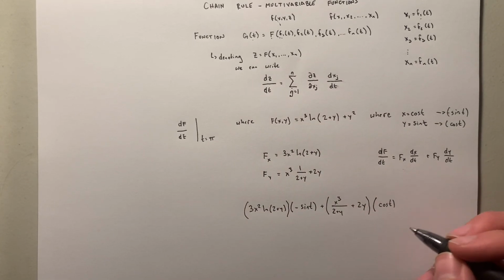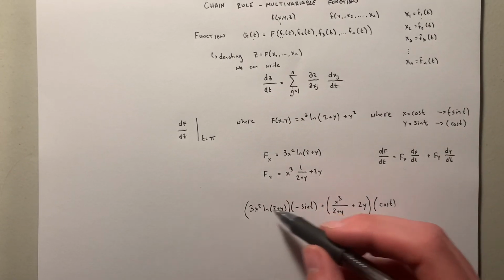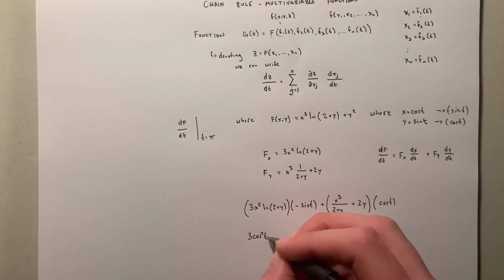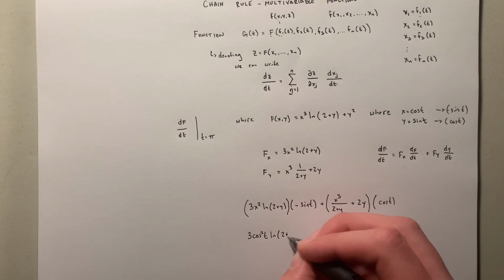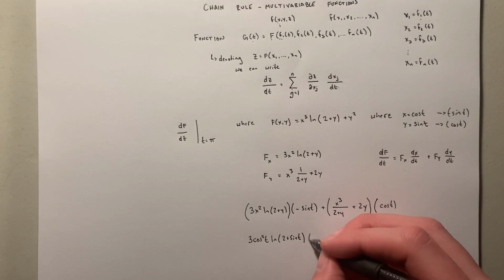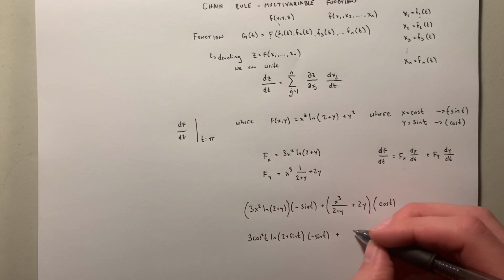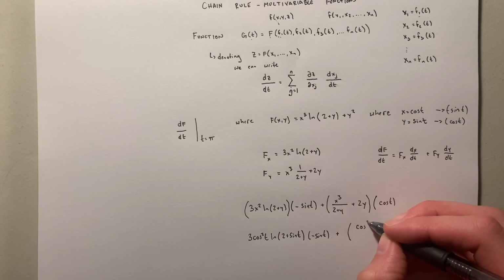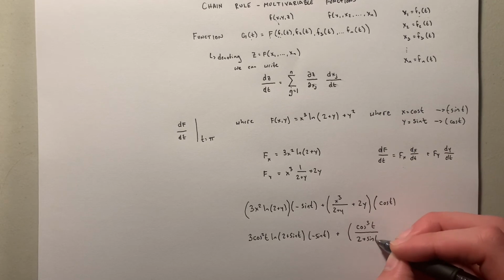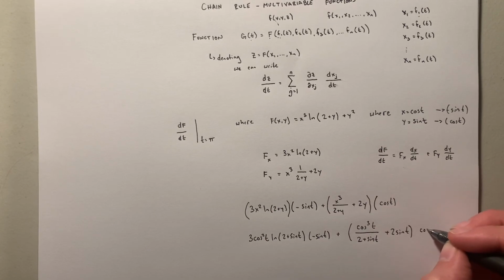So now, since we took the derivative, we can plug in x and y into this function. So we can plug in 3 cosine squared of t times ln 2 plus sine t, and then multiplied by negative sine t, plus, and then we have cosine cubed t over 2 plus sine t plus 2 sine t, multiplied by cosine t.